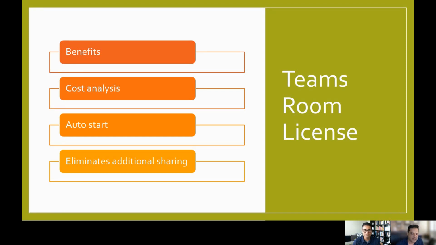Okay, so we kind of talked about sharing. Can you talk a little bit about the elimination of additional sharing? Yeah, and you mentioned some of that already as well, right? Obviously you still have to turn the TV or the projector on, but once you have that, you don't have to worry about your conference room and dialing back.